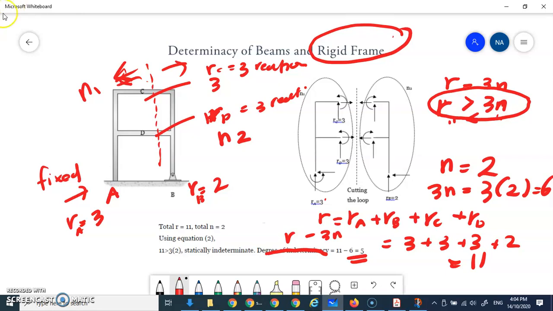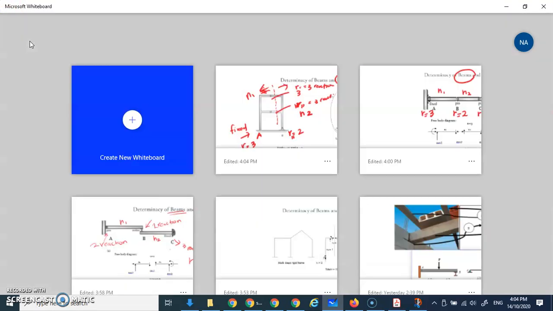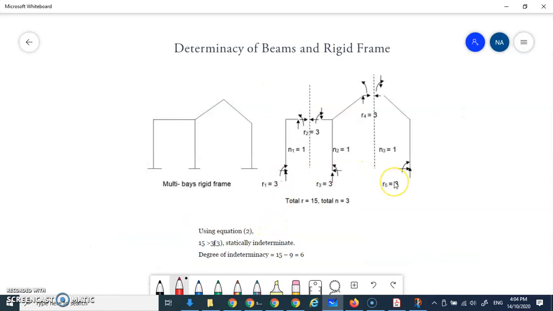Okay, so let's take a look at the last example for rigid frame. Okay, so kalau dalam keadaan ini, we are now focusing on the rigid frame. Okay, so dalam keadaan ini kita akan ada cutting loop. Kita akan ada 2 cutting loop.